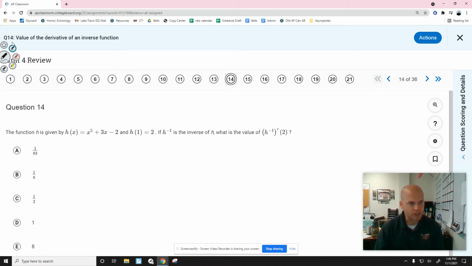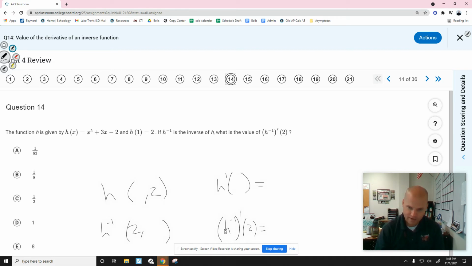All right, same deal. h inverse prime of 2. Well, h inverse has some point (2, something). h has some point (something, 2). I need h prime at that x-coordinate, and then I'll know h inverse prime at 2.